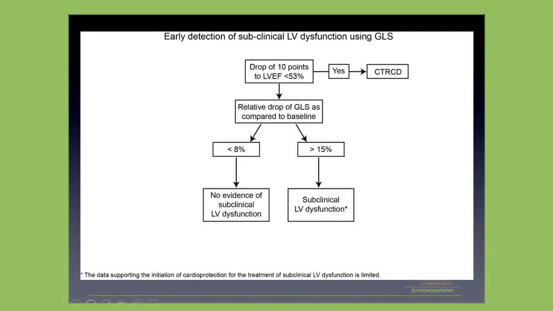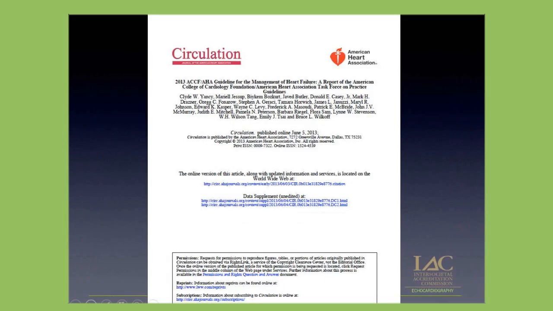If you follow the algorithm, and you remember now where the 8 and the 15 came from, the left and the right sides of the 95% confidence interval, it will tell you that you are in the presence of subclinical left ventricular dysfunction. Now, what do you do?